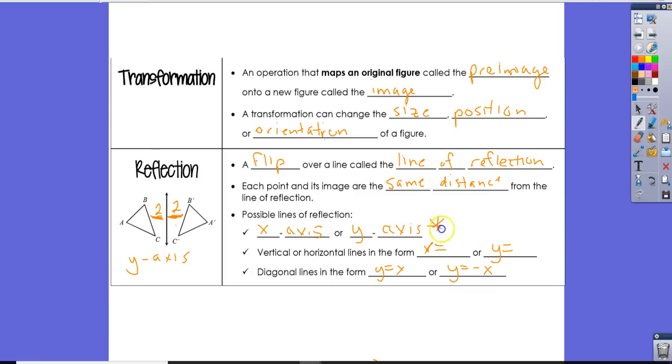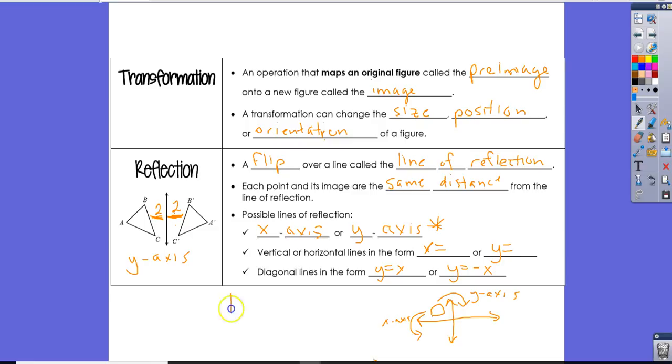Okay, so these are the most common. That means you're going to have a coordinate plane and your shape. You're either going to flip it over the x-axis, or you're going to flip it over the y-axis. So that's the first one.